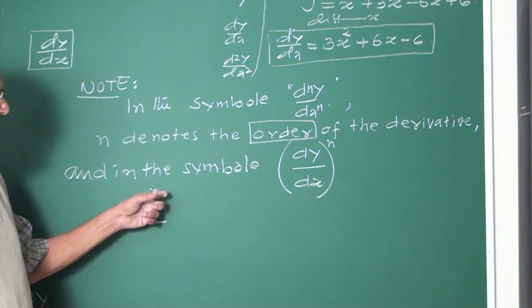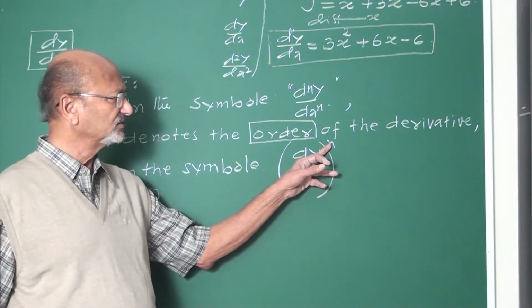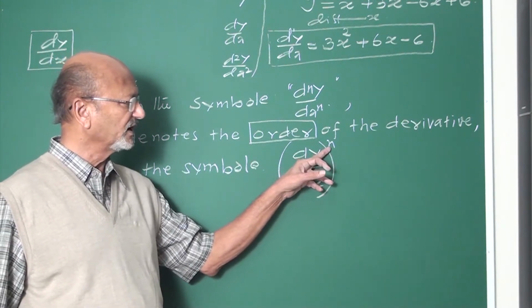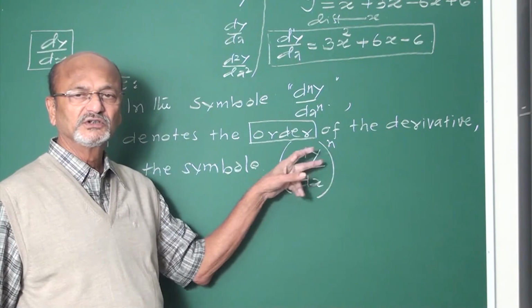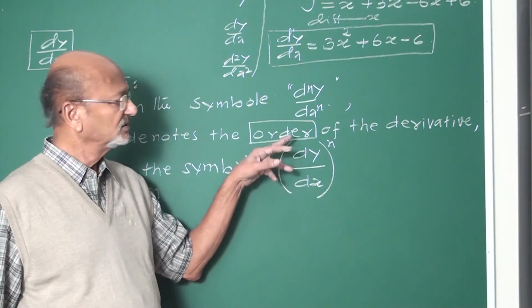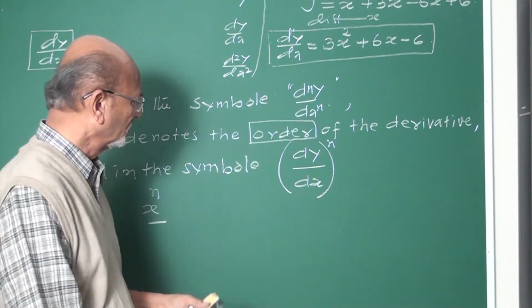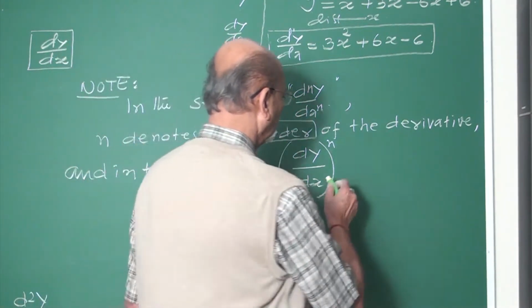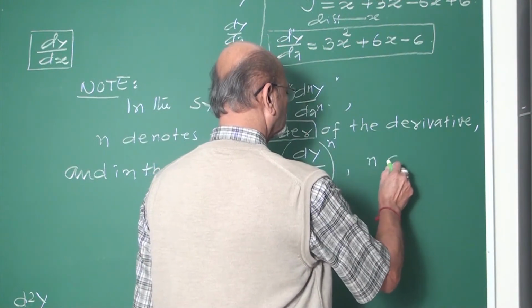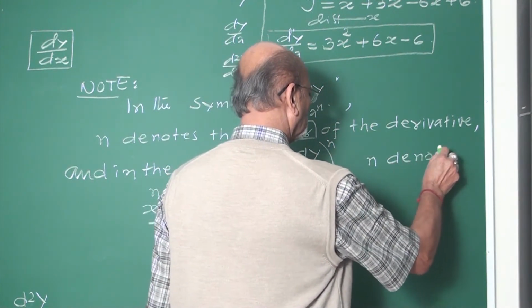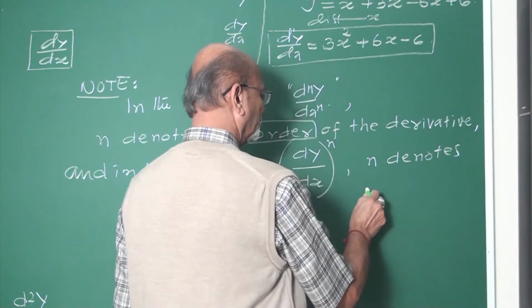So, as it is a degree in this case, in dy by dx to the power n, this n denotes the degree of the derivative. In the symbol dny by dxn, n denotes the order.